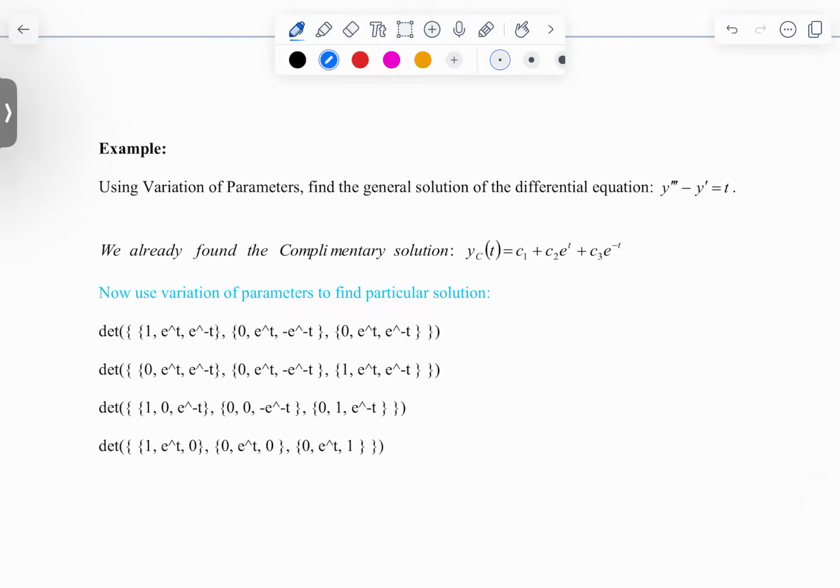So using variation of parameters, I want to find the general solution of the differential equation. Oh look, the one we just solved. Note we already found the complementary solution, C1 plus C2 e^t, which means we can use variation of parameters to find this by this technique as well.